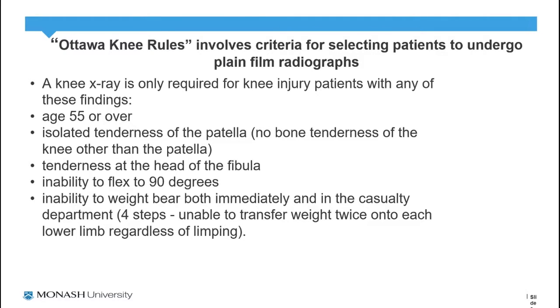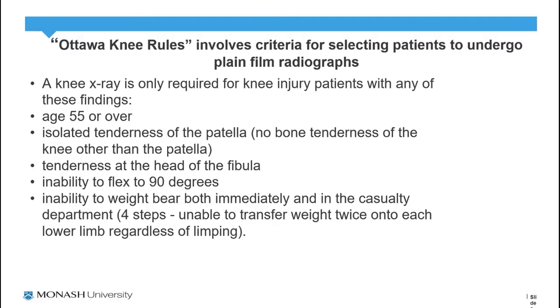The Ottawa knee rules provide the criteria for selecting which patients should be referred for plain X-rays of the knee. The Ottawa knee rules indicate patients who are 55 or older, if there is an isolated tenderness of the patella as well as the head of the fibula, if the patient is unable to flex the knee to 90 degrees, and also if the patient is unable to weight bear, both immediately after the trauma as well as in the casualty department.